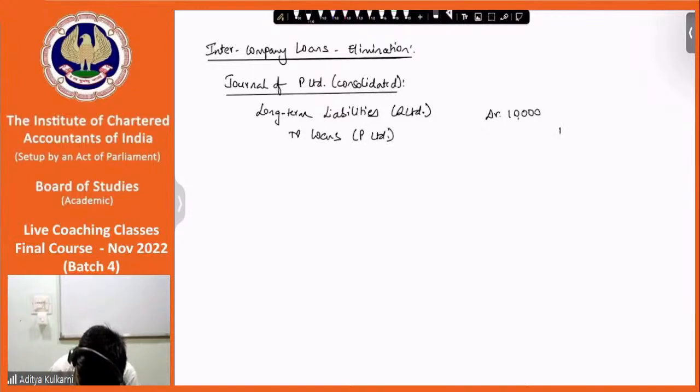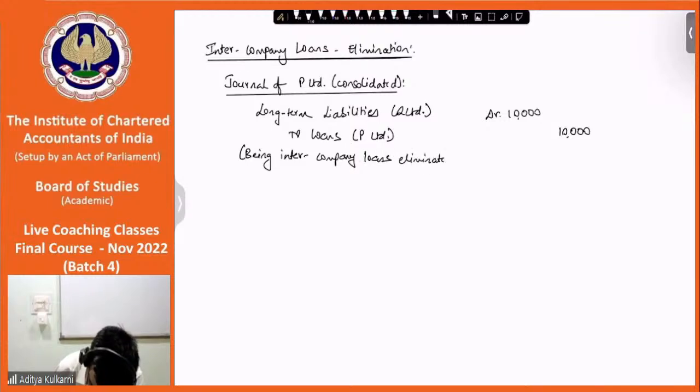This is the asset, 10,000. Being intercompany loans eliminated. And where will this go? Adjustment column, note number 1. This will go in adjustment column, note number 1.